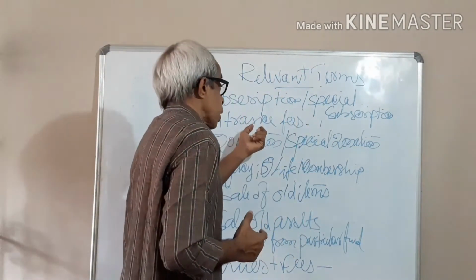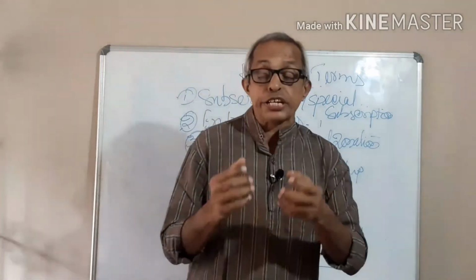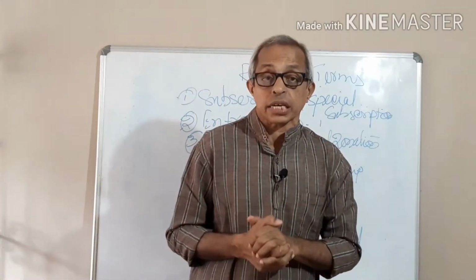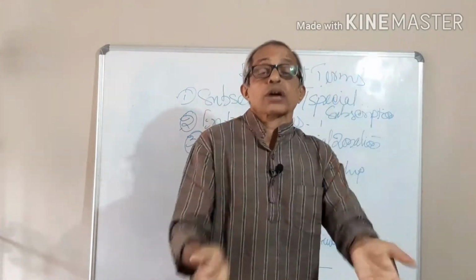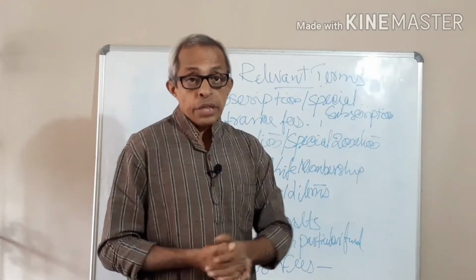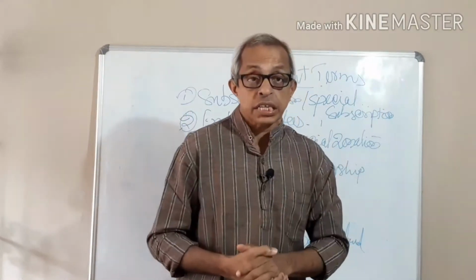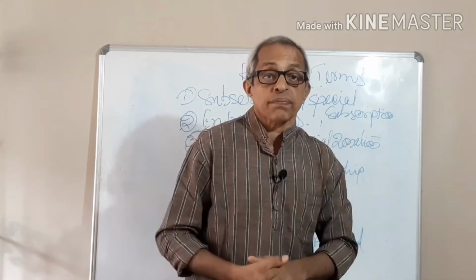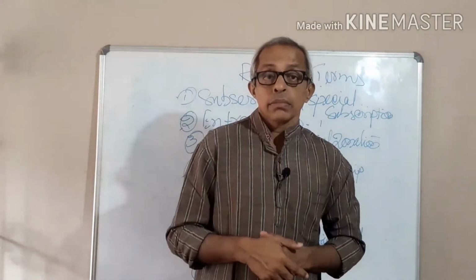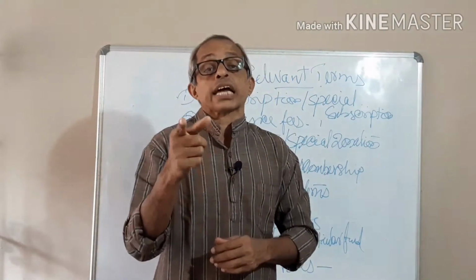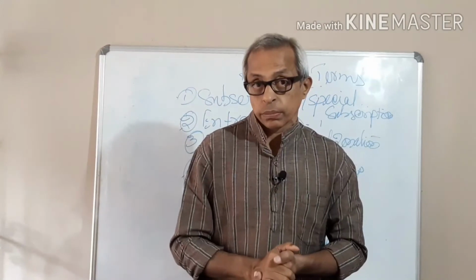If that particular organization, if that particular non-trading concern admits persons yearly or regularly, the amount collected as entrance fees along with the subscription fees may be treated as income, and the same may be shown on the income side of income and expenditure account.